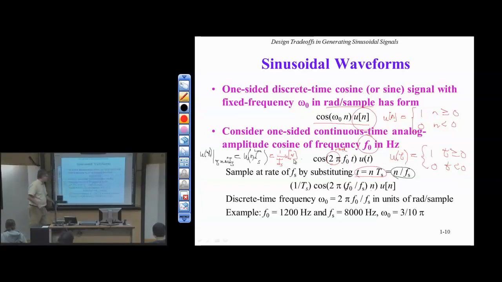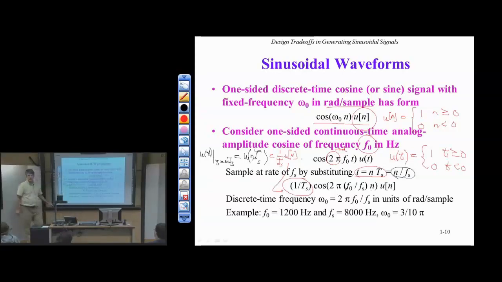We can pull out this scaling factor, and I'll make an argument for this based on the area in a function that you scale in time. We pull out the 1 over Ts, which now scales u of the step function. And now I'm left with just u of little n, which I can write as discrete time. So that's where this gain term comes from, this 1 over t sub s out front.